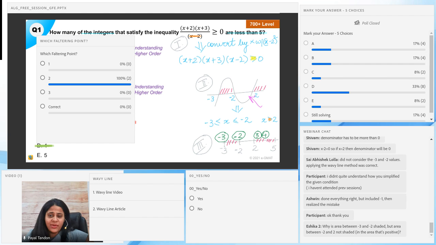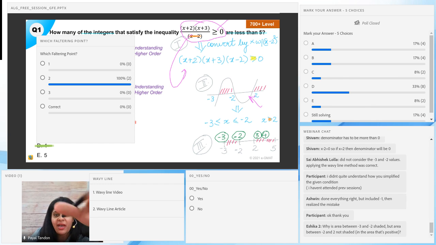Now, participant, if your question is about how we converted this into this, that is not covered in the wavy line article. So here, essentially what we are doing is multiplying both sides by the square of the number, because we cannot multiply both sides by x minus 2 as we don't know the sign of x minus 2. We don't know anything about x with regards to whether x is less than 2 or more than 2. And if we don't know that, then we don't know whether we have to flip the sign of this inequality or not.